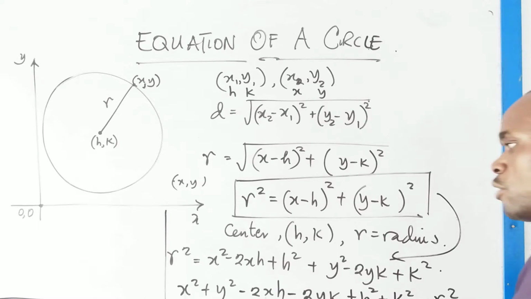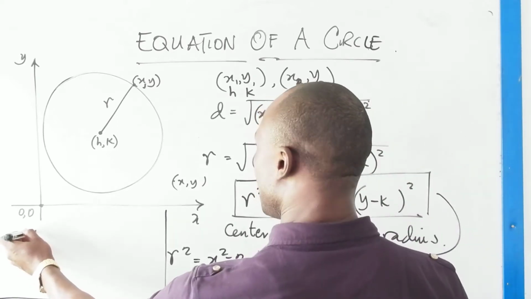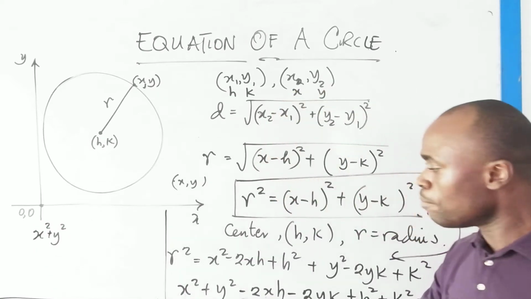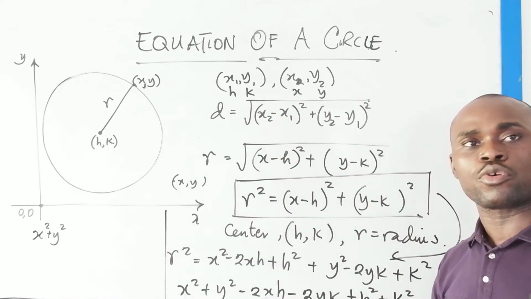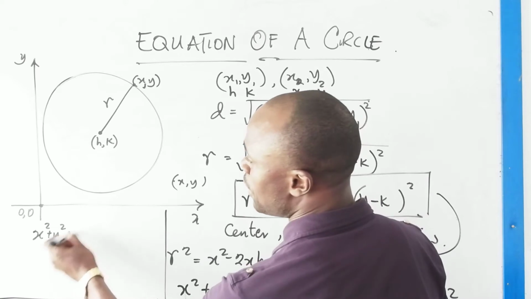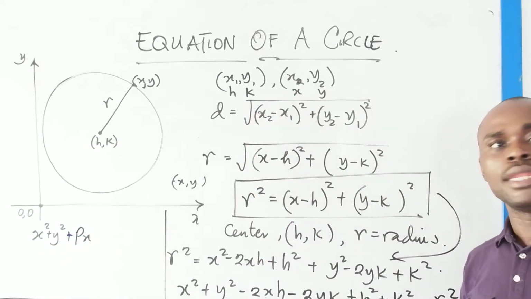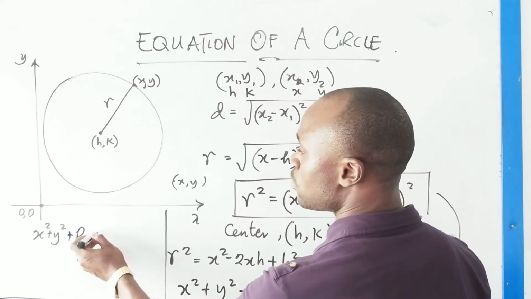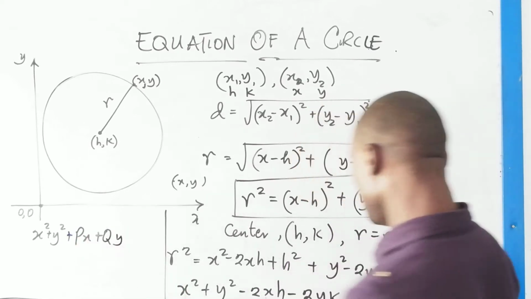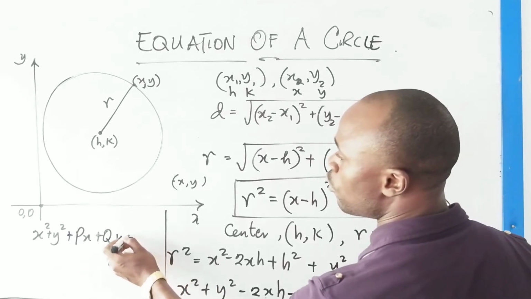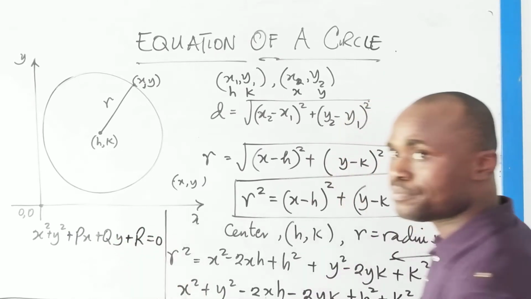Now this is going to give me x squared plus y squared. I'm going to give minus 2h a name. I'm going to call it p. So this is going to be px. I'm going to give minus 2k a name. I'm going to call it q, plus qy. And all this, put this in here, I'm going to call it R, equals 0.